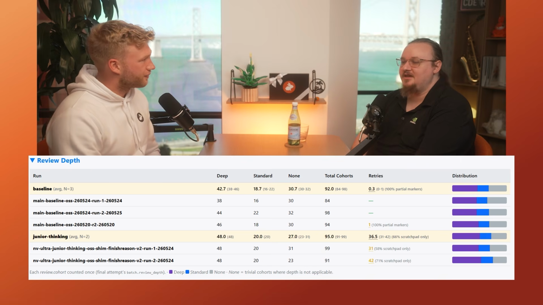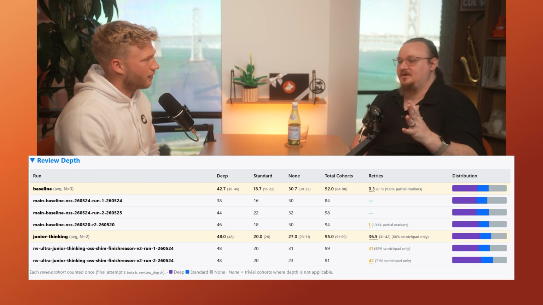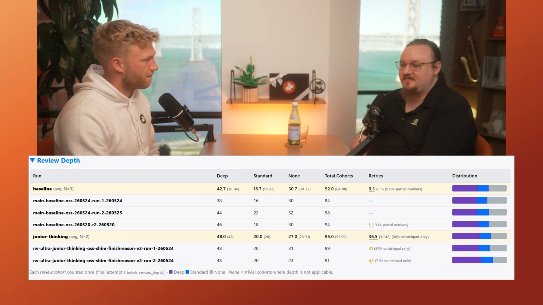I think this is a manifestation of what we were talking about. One of the things that Ultra is surprisingly good at is working inside of goal prompts. We used to call them Ralph loops, but it's the same thing: basically while loops, where you keep prodding the model to continue to do work until the work is judged to be done. I think Ultra is extremely good in those scenarios because it benefits from prodding.